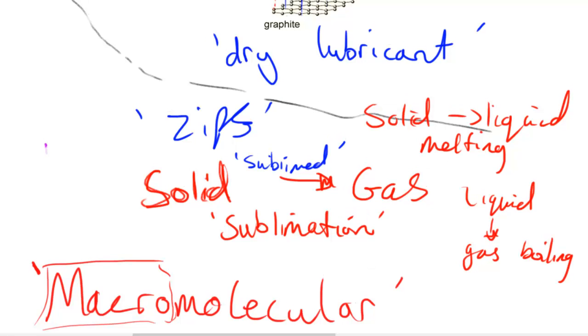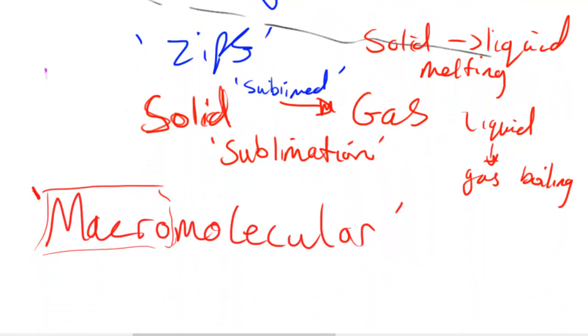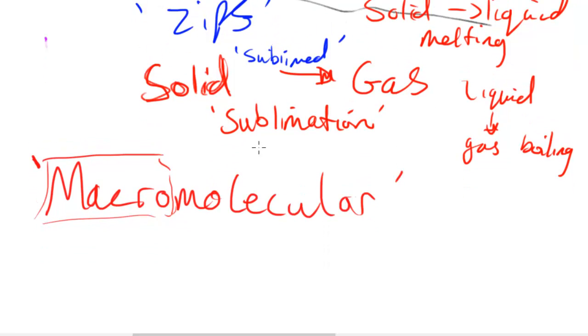So because of those strong covalent bonds, the melting point of graphite is very, very high. And the sublimation process happens at over 3,900 Kelvin. And 1 Kelvin is like 1 degree centigrade, but no, it's like minus 273 degrees centigrade.